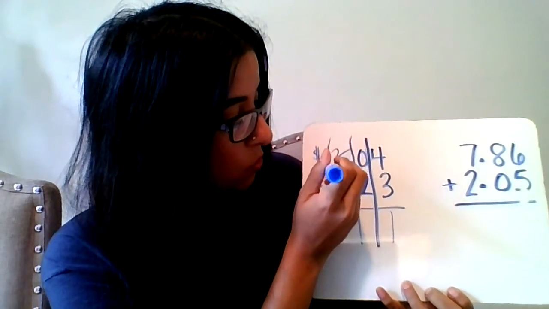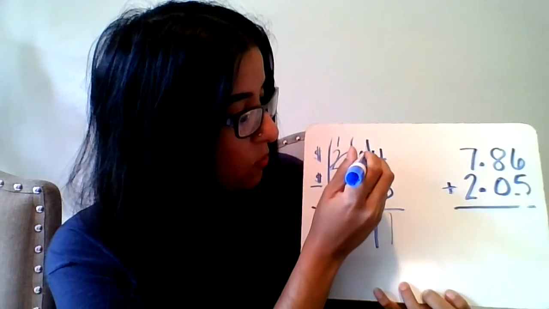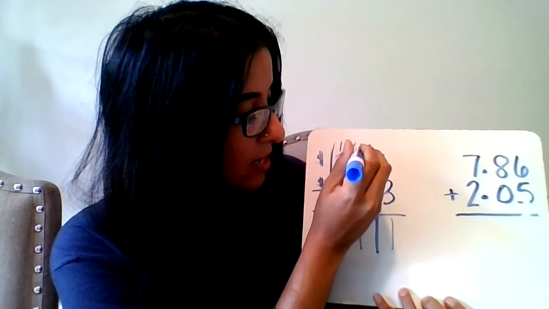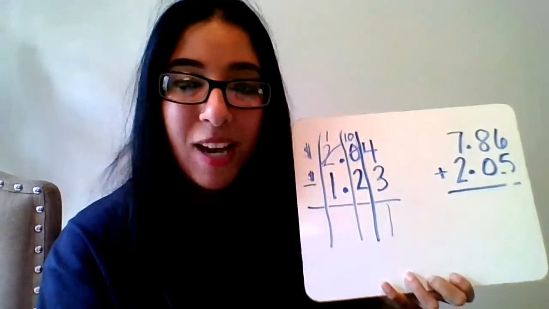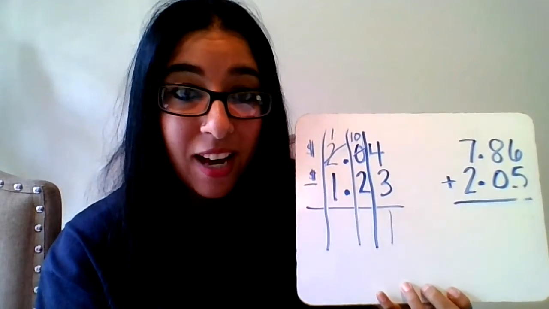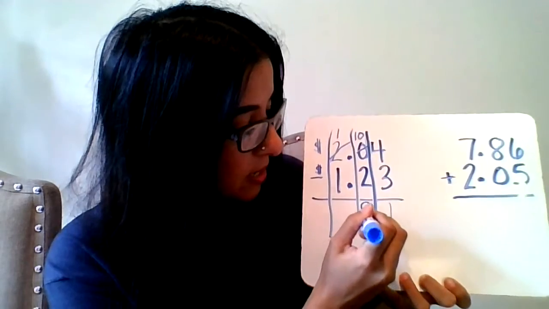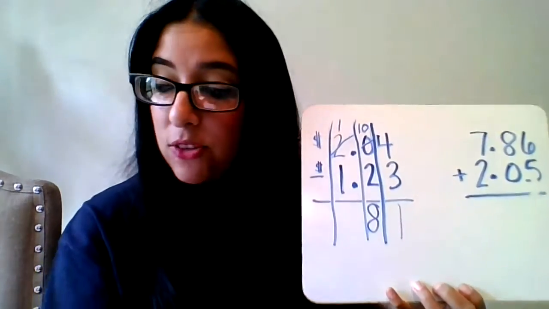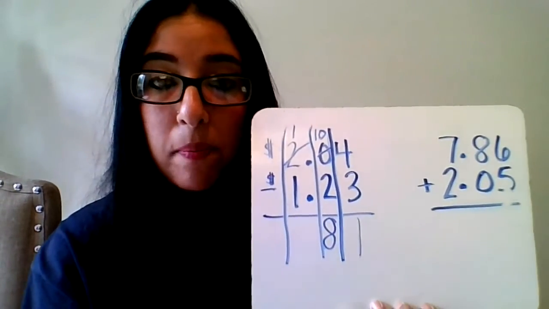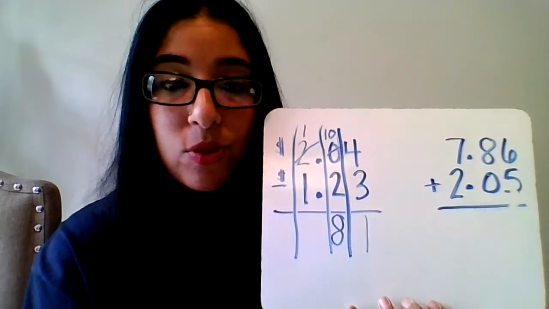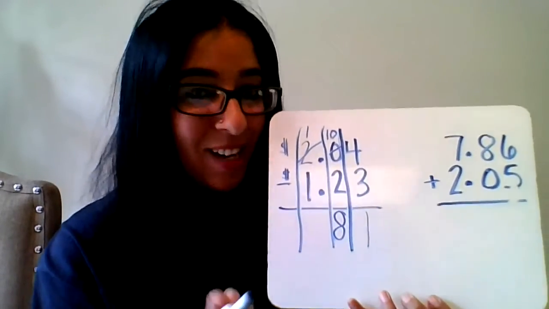Now that 2 becomes a 1, and then we'll go ahead and make the 0 a 10. Now we'll be able to subtract because we have enough. 10 minus 2 is 8. And then it's very, very important when we're working with money, anytime there's decimals, we always are reminded to line up your decimals.